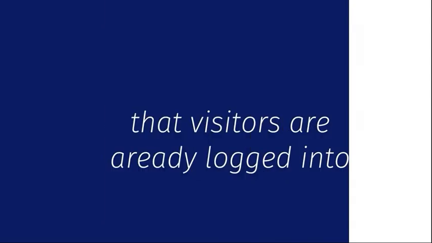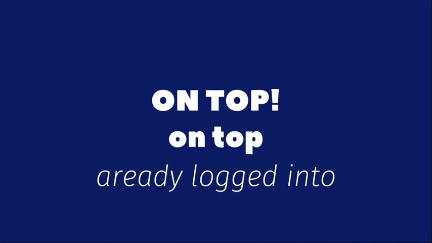Leadono's smart LDO technology automatically rearranges the buttons to show platforms that your visitors are already logged into on top, so they can easily choose which one they want to use.